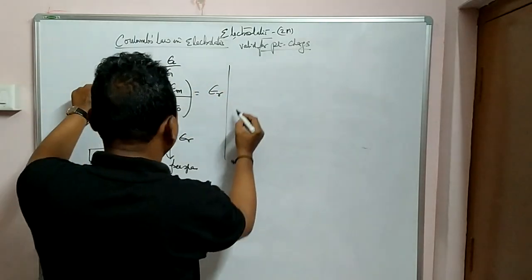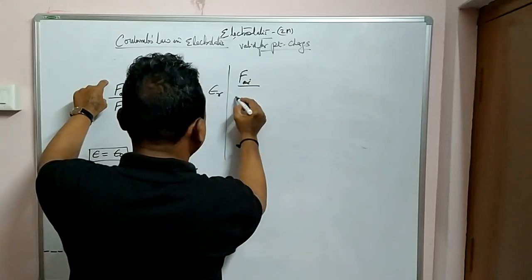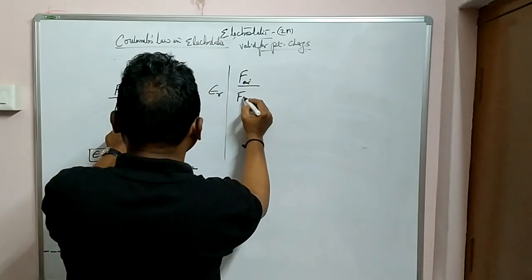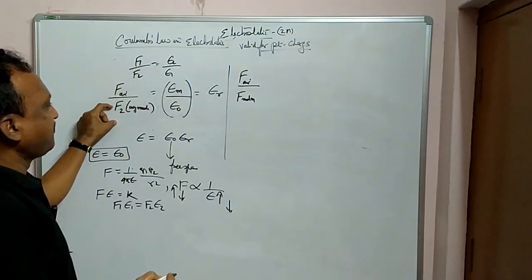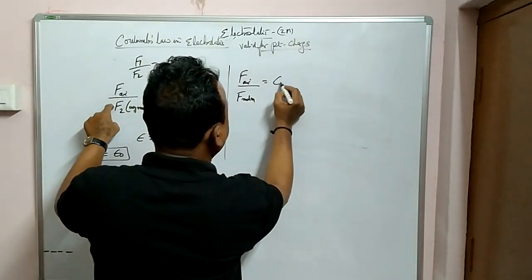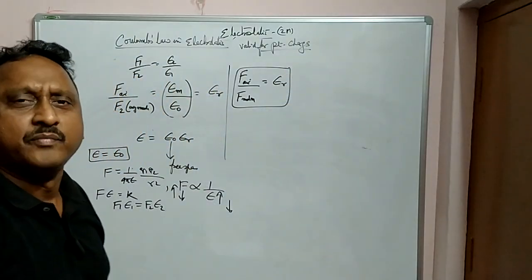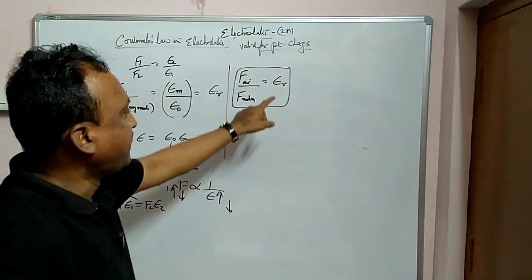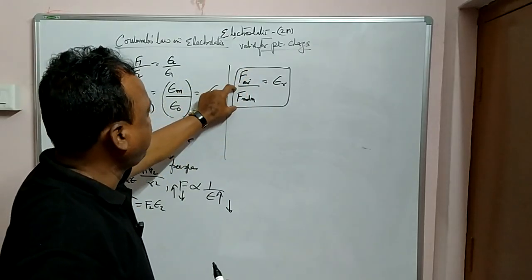Therefore, in other words, F air by F medium is equal to epsilon R, that is the relative permittivity of the medium, or dielectric constant.